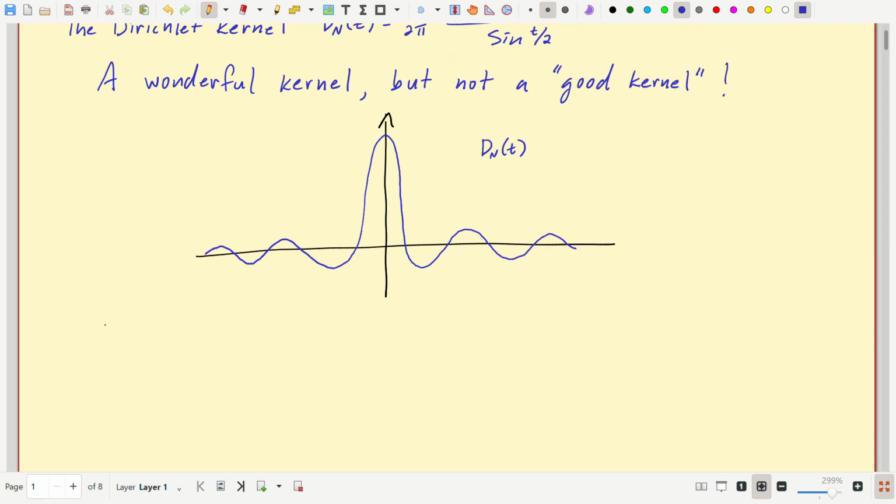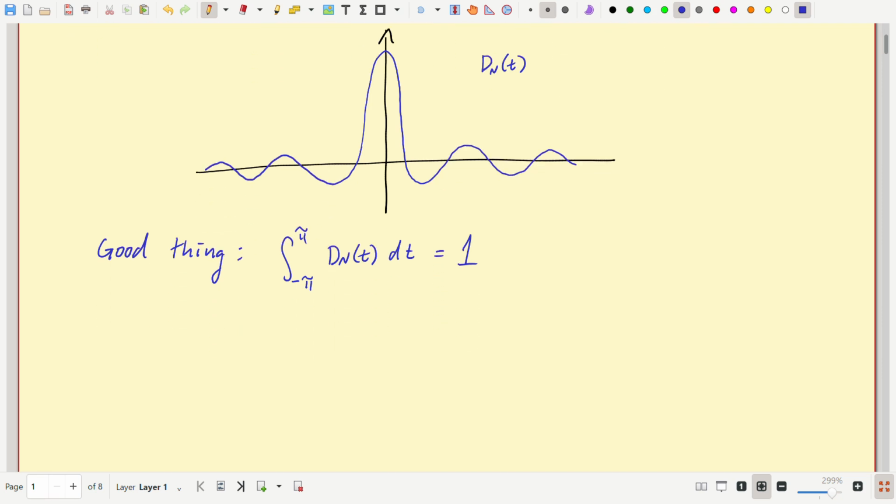So the good thing about it that we used in the computations last time is that the integral under that thing, a signed area of the positive areas minus the negative areas, is equal to 1. That's a nice thing. It's also big at the origin, really big.